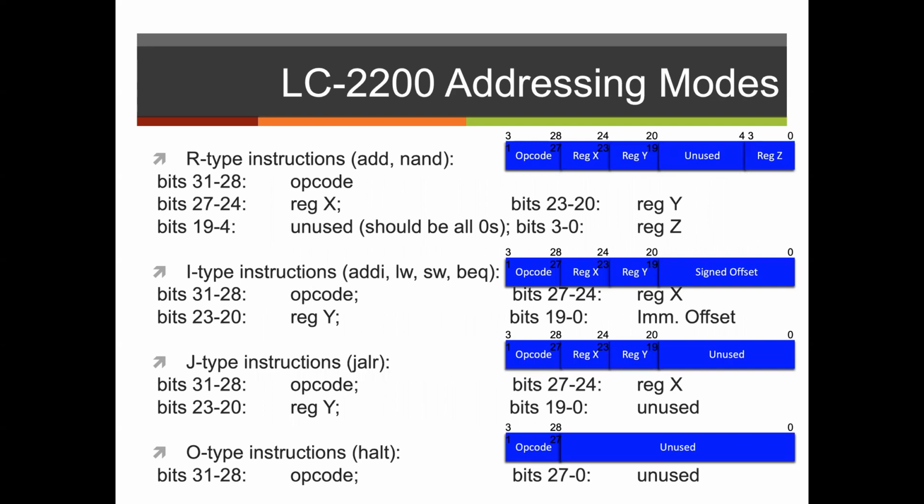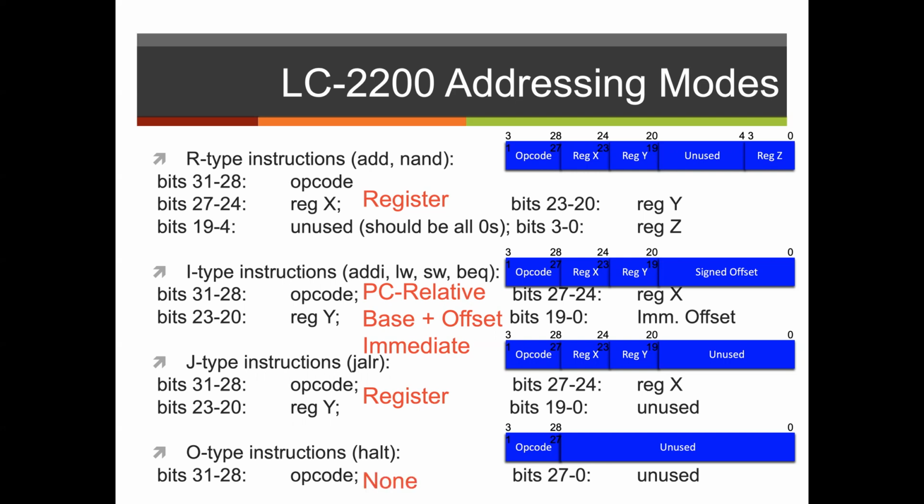And so with an R-type instruction, it's going to be based off of the register. I-type instructions can be PC relative, base plus offset, or immediate. We have our J-type instructions, which are going to be register-based. And then we also have halt, which is not necessarily represented.